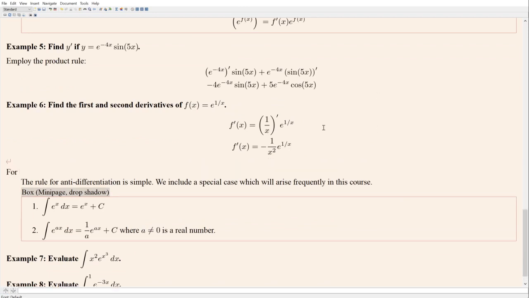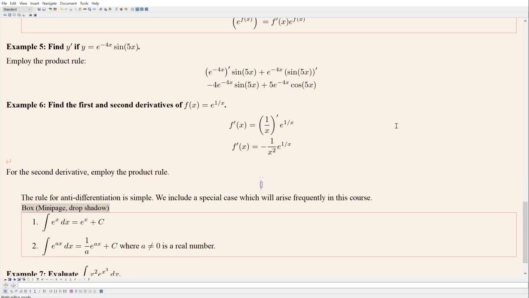For the second derivative, we're going to differentiate this. So now we're going to have to use the product rule again, because we've got a product of 1 over x squared and e to the 1 over x. Okay.